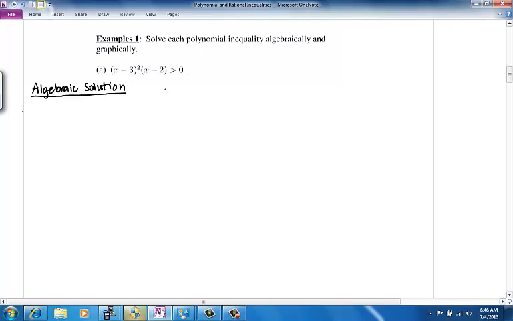So what we want to do is first solve the related equation. And that equation would be (x minus 3) squared times (x plus 2) equals 0. And then the nice thing is that this is a factored expression on the left side equal to 0, so we can just set each factor to 0.